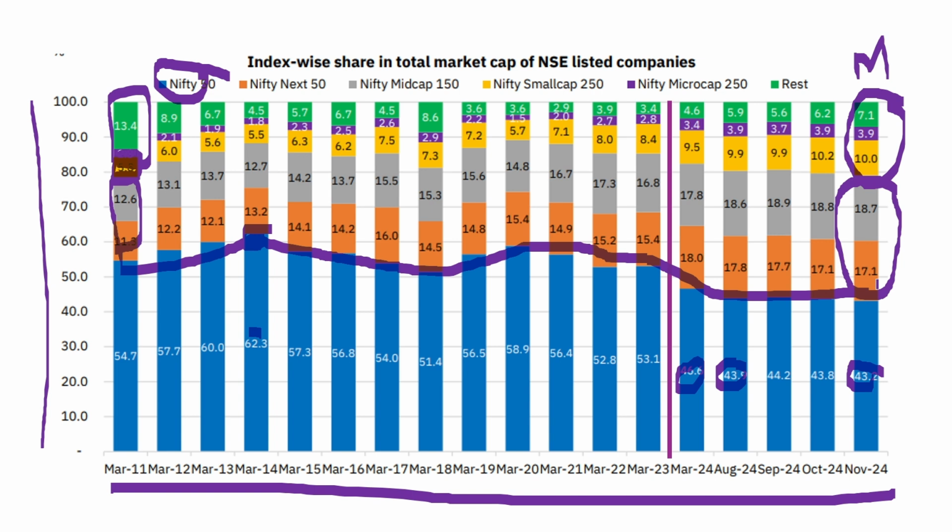And even from the mutual funds perspective, maybe you can stop some SIPs for small cap and mid cap for a few months till the time this ratio gets settled, because historically these numbers are not seen. Look at this orange. It had never gone above 15.4, but now it is around 18, 17.1.